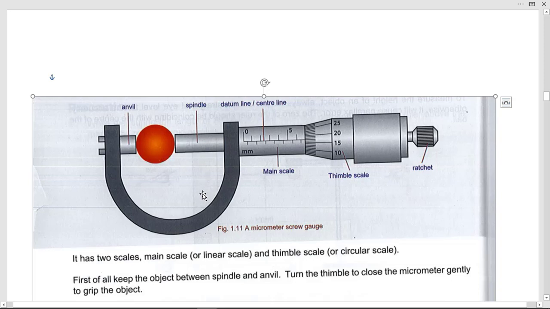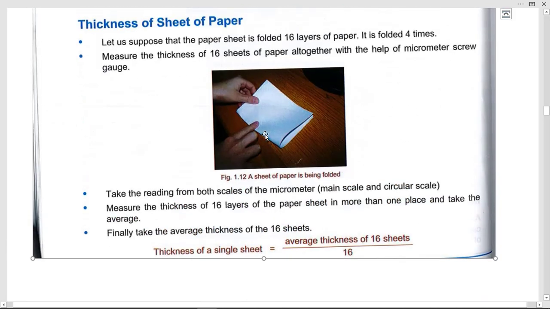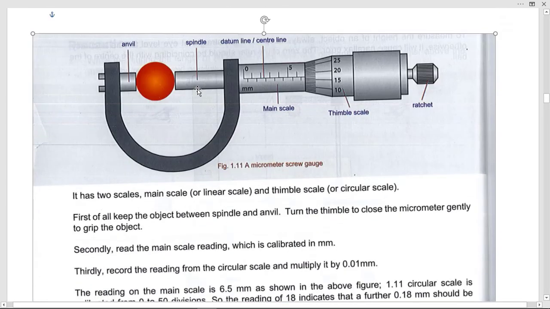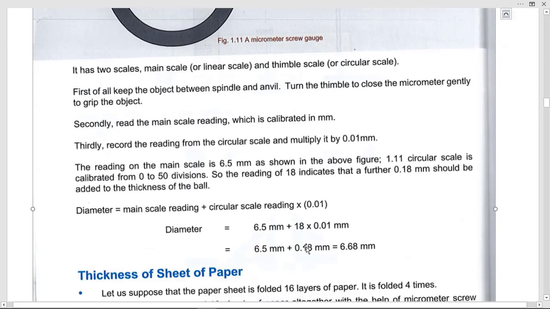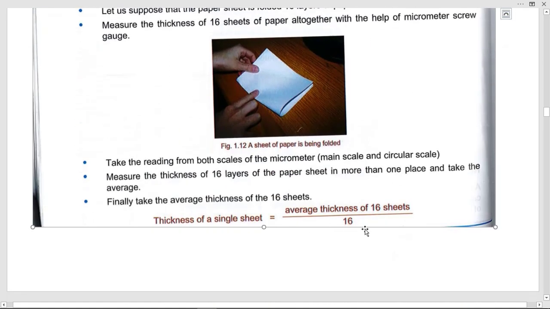So instead of taking the thickness of one paper or one sheet, you can take the thickness of 16, 20 sheets. Whatever the reading you will get here after putting this one here, for example here you are getting 6.68 millimeter, you can divide it by the number of sheets and you can get the answer for one sheet. So in IGCSE paper 6 you will find this question also.